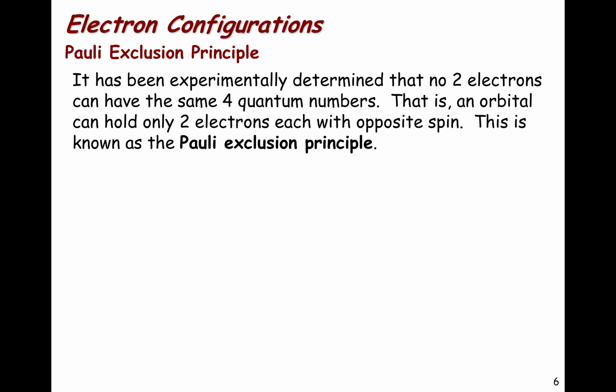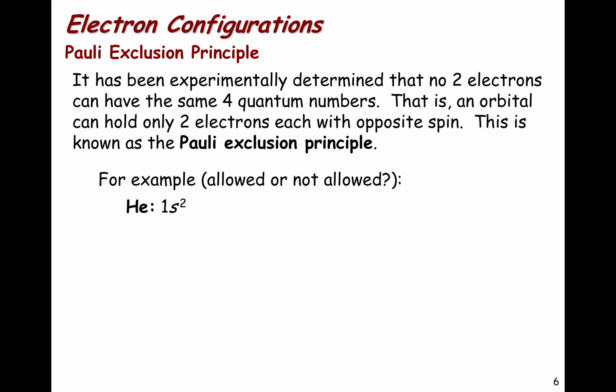But the thing that has to then be different is that the two spins have to be different. So one of the spins would have to be +1/2 and the other would have to be -1/2.